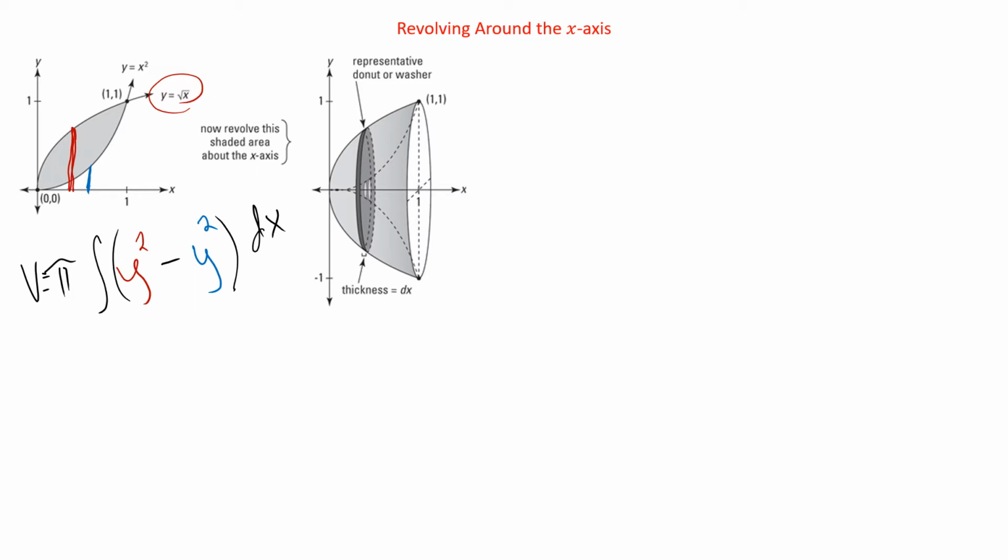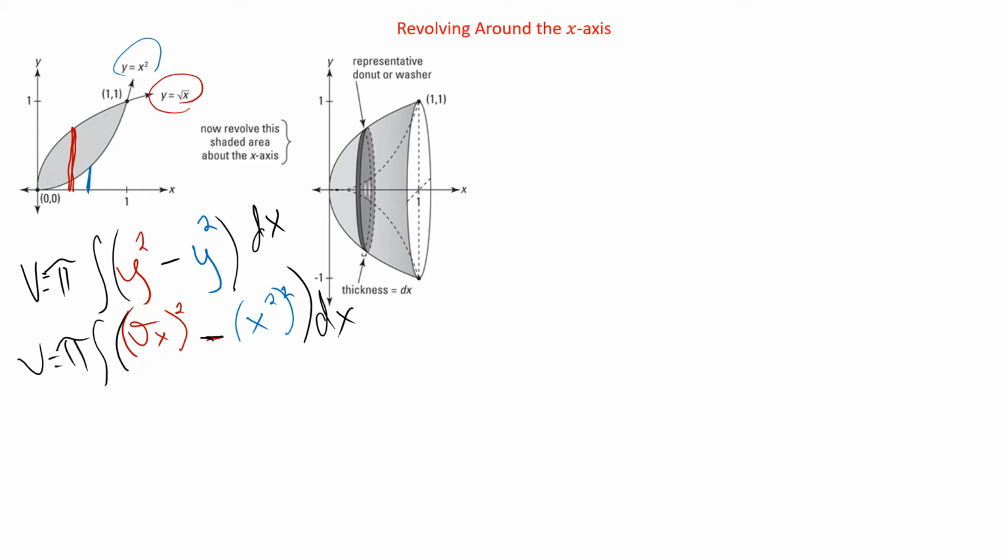So this will be root x squared, minus, and then the blue one is y equals x squared. So that'll be x squared squared. Then we'll get a dx. We'll have the pi times the integral.